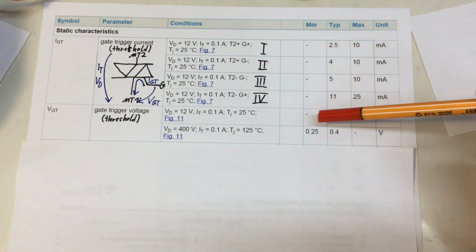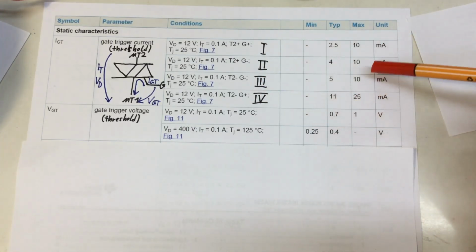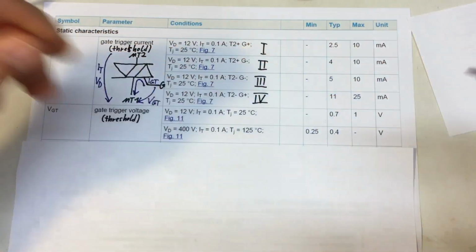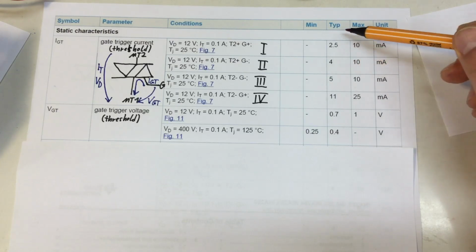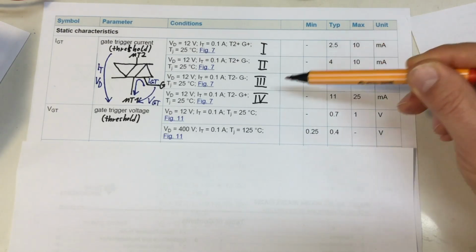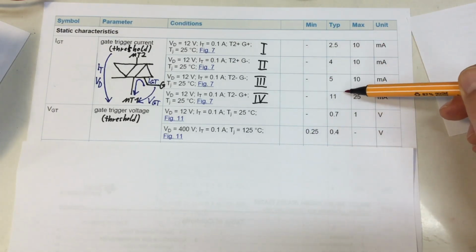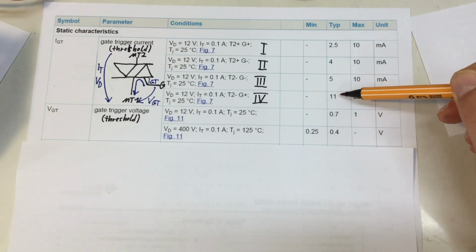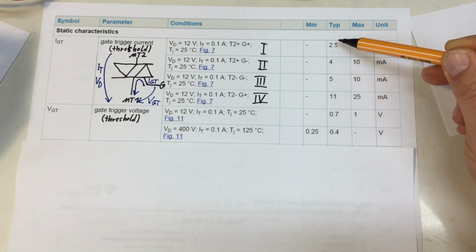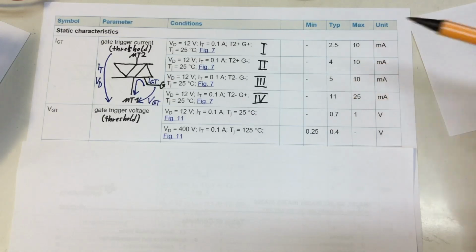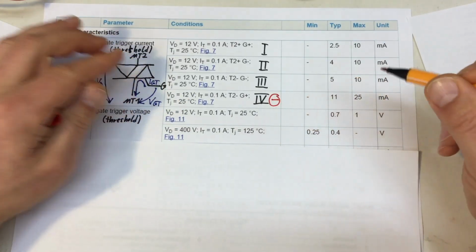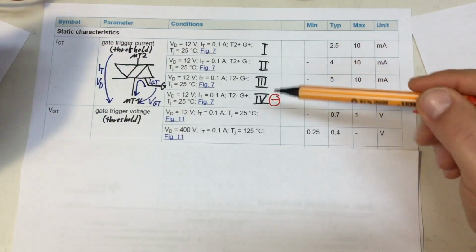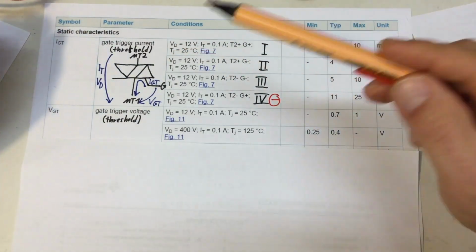And each time we get a different value. And you see, between quadrant 1, where we need typical 2.5 milliamps, and quadrant 4, where we need typical 11 milliamps, there's a factor of over 4. So it behaves really bad in quadrant 4 in regards to the gate trigger current.